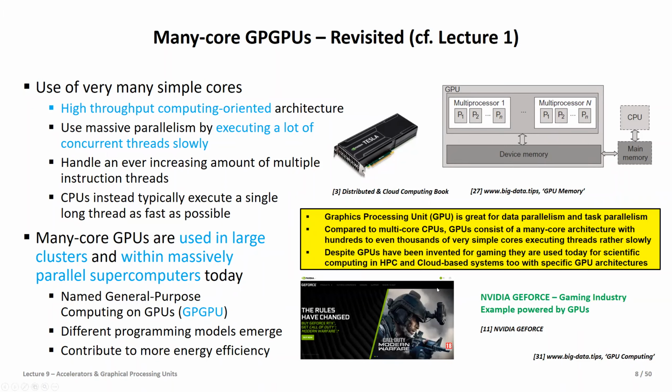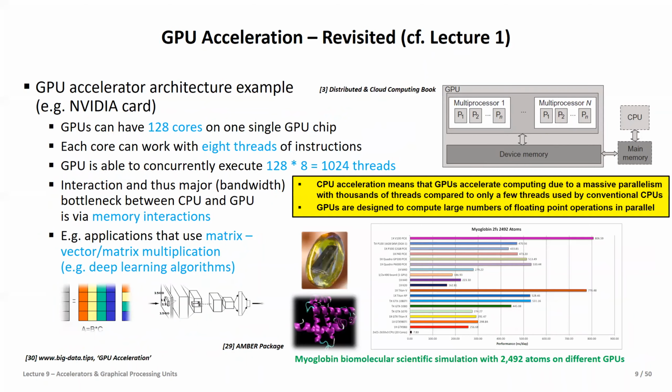Also, think about that although they were invented for gaming, it is of course a large market, the gaming industry with NVIDIA GeForce cards. The NVIDIA cards we have today in the supercomputers are actually quite different, and we will show a couple of examples of why that is the case. So here's an example of why we talk about many cores.